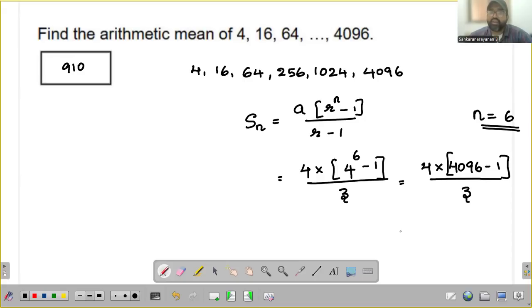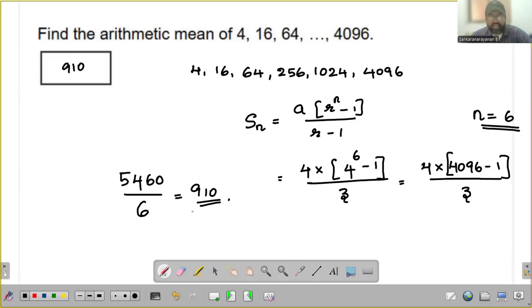And either way around, you can see that the sum to n terms will come here as 5460. Okay, that value divided by 6, the number of observations, when you do, you will be getting the arithmetic mean. That will come here as 910.